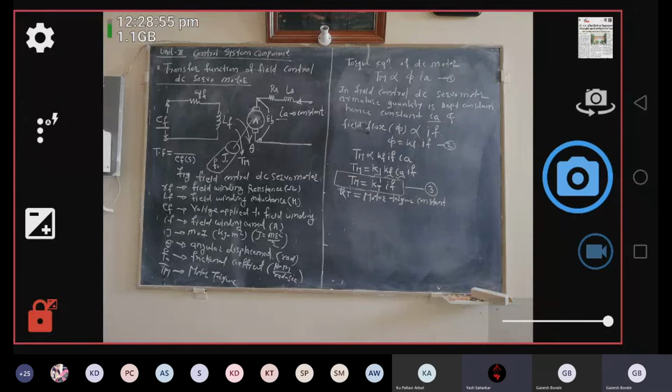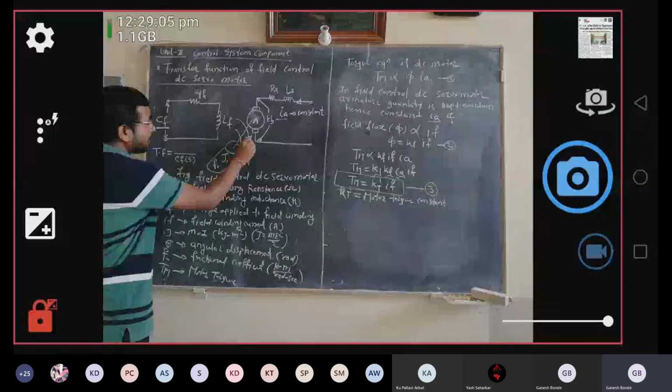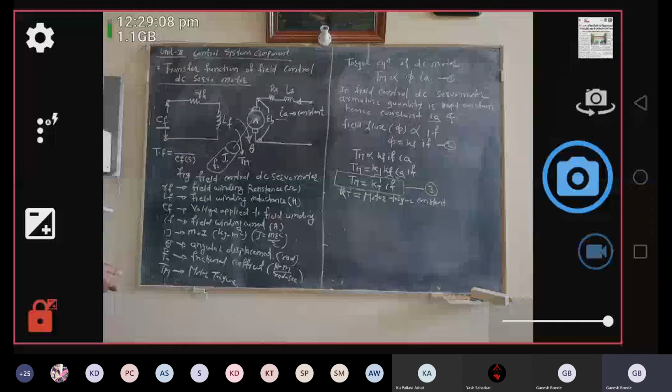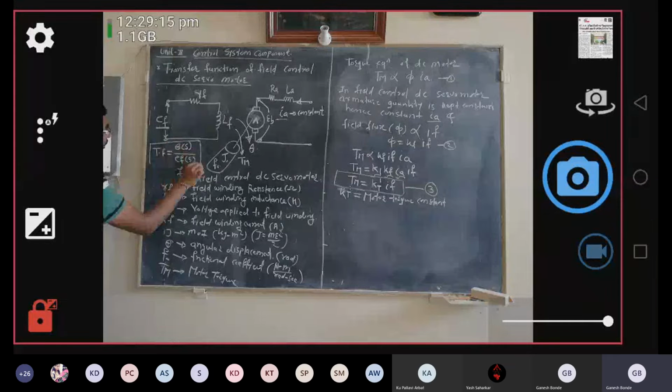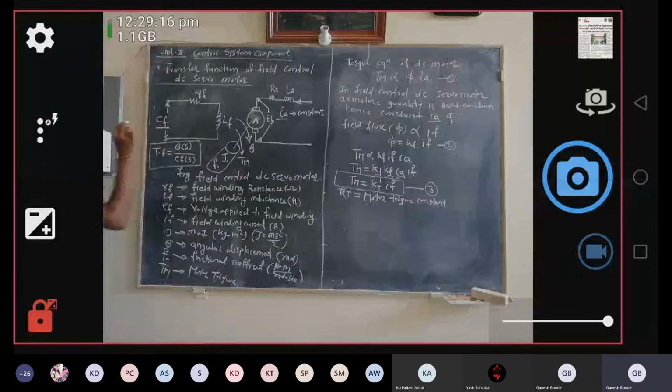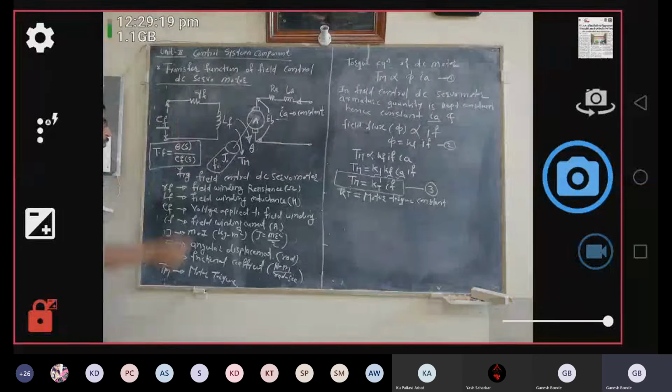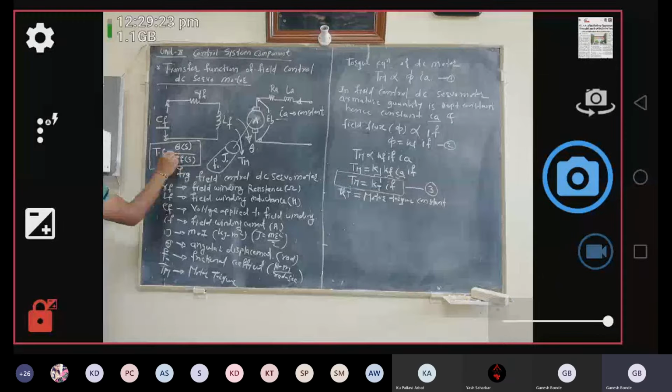Theta of S. Because what is the basic function of a motor? A motor always converts electrical energy into mechanical energy, so the output is always the angular displacement theta, that is the rotation of the shaft. Take the Laplace transform of it, that is theta of S. So to determine the transfer function of the field control DC servo motor, we are going to find the relation between theta of S and EF of S.